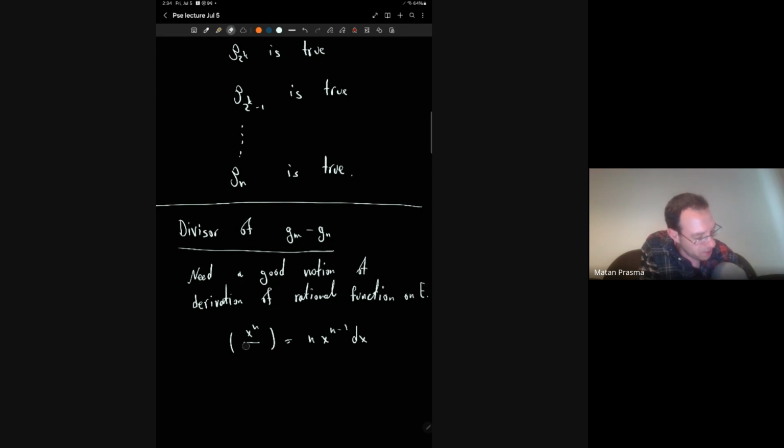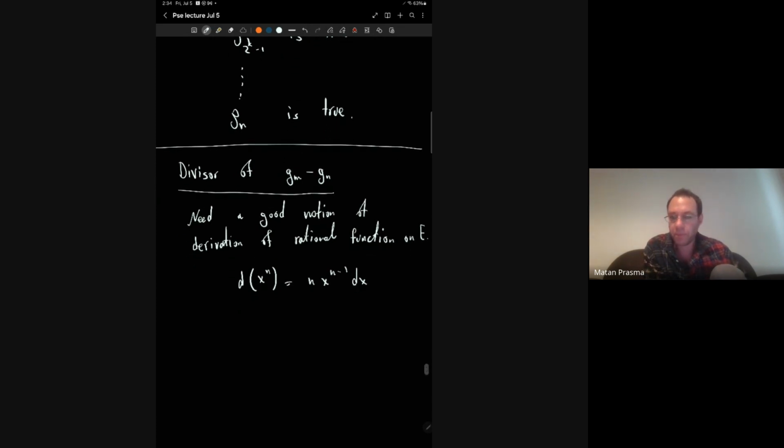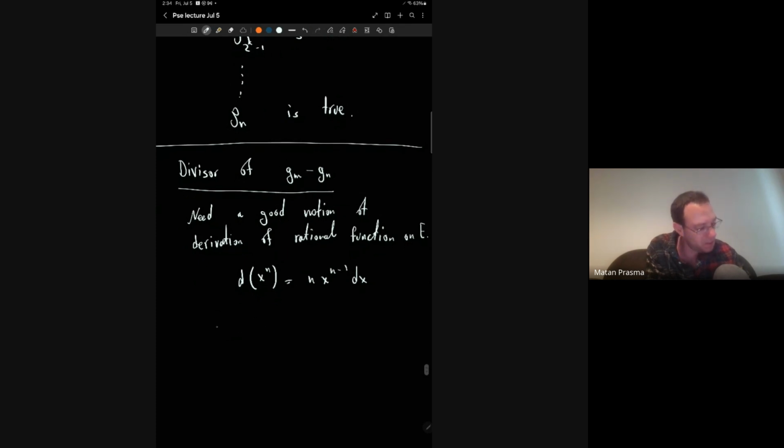So we can derive this formally. Sorry, the notation here is a bit misleading. Usually in analysis you write it like this: d of x to the n. In elliptic curves we have a relation, right? In E, y squared minus x cubed minus ax minus b is equal to 0. So the derivative of this thing needs to be 0.